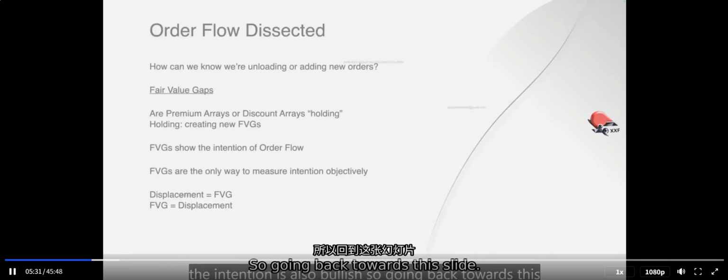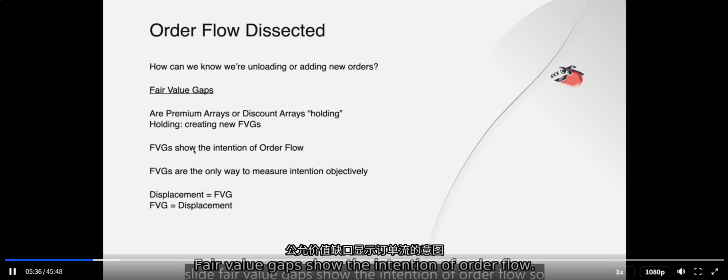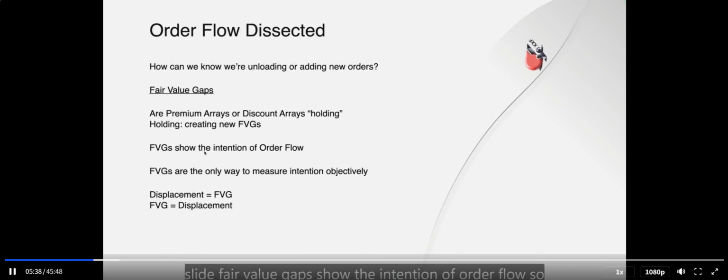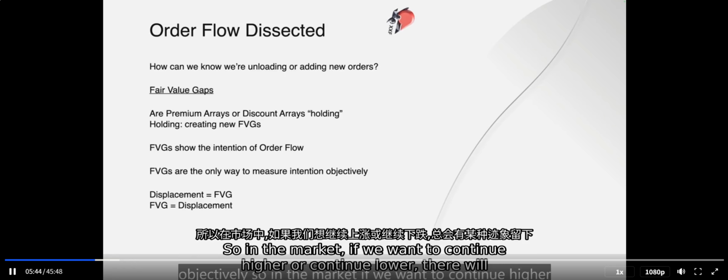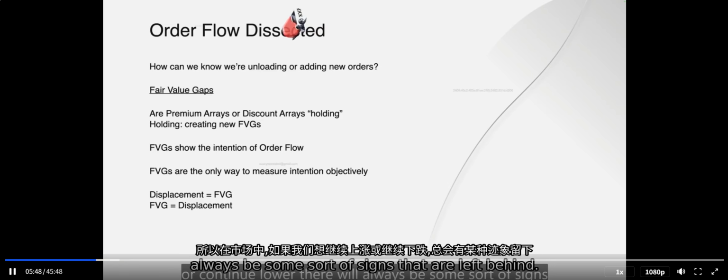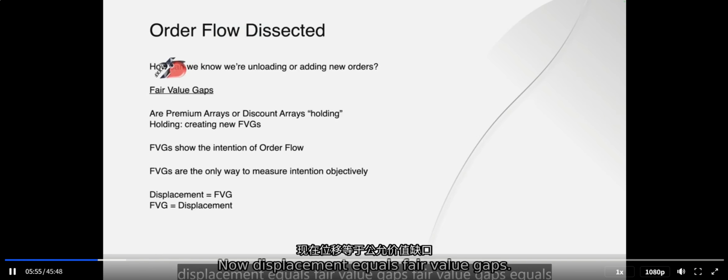So going back towards this slide, fair value gaps show the intention of order flow. So fair value gaps are the only way to measure intention objectively. In the market, if we want to continue higher or continue lower, there will always be some sort of signs that are left behind. That sign is displacement. Now, displacement equals fair value gaps.